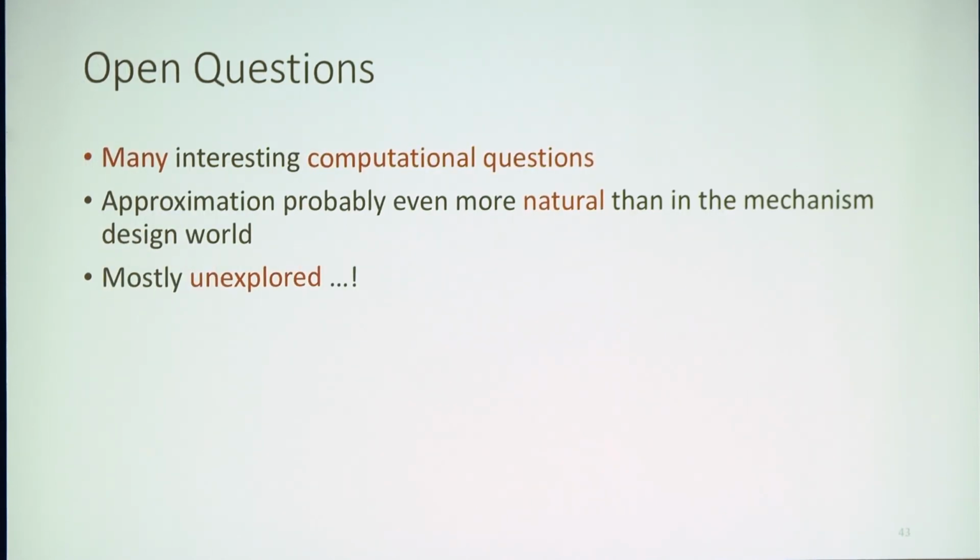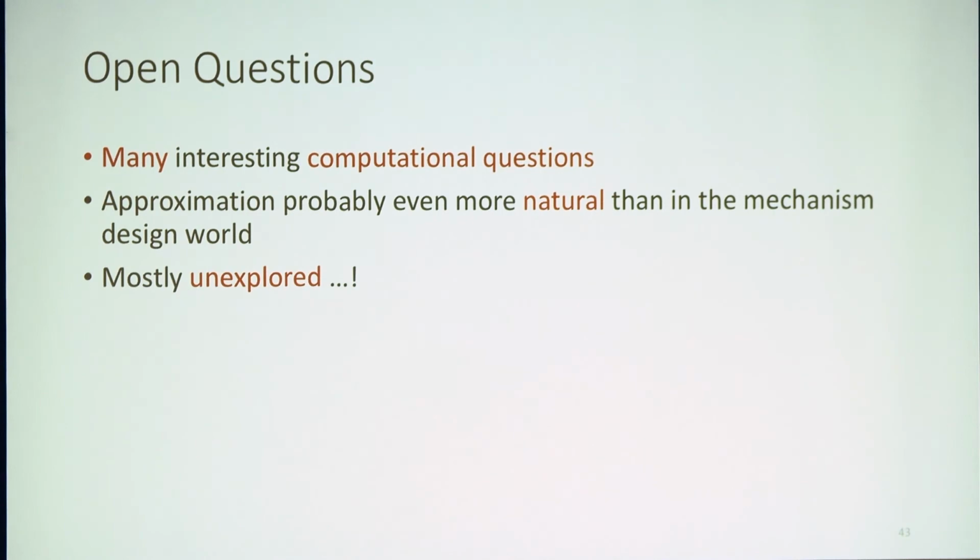Okay, so let me wrap up this part, and then afterwards the whole tutorial. I think there are many interesting computational problems, and the fact that these exist is somewhat obfuscated by the classic econ approach of writing everything down explicitly. This includes sample complexity and black box access models, where I don't give you the distributions exactly, but maybe you can sample from them.